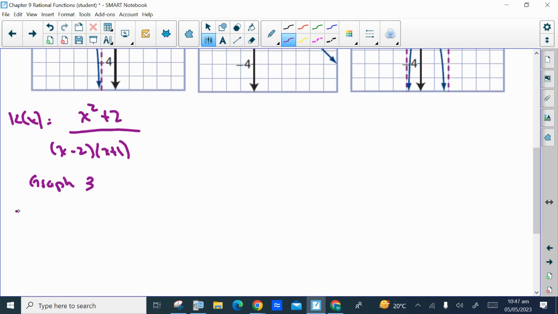Because again, we have vertical asymptotes at x equals 2 and x equals -1, which is what graph 3 has.